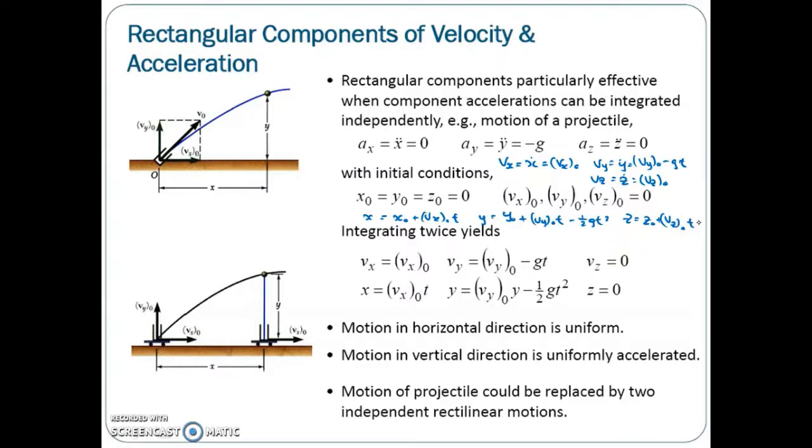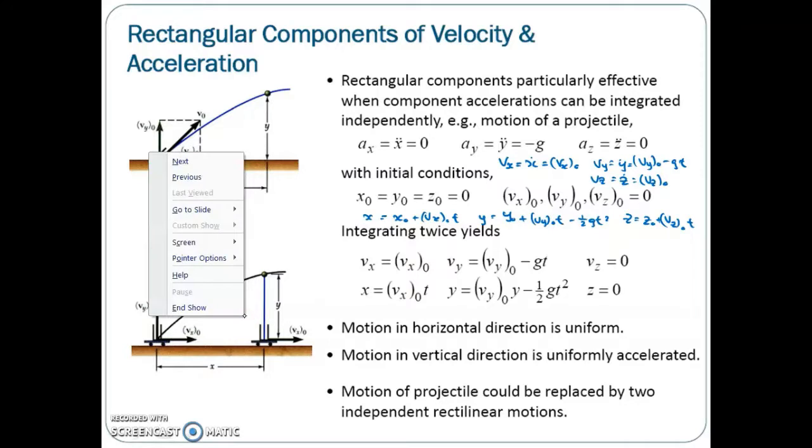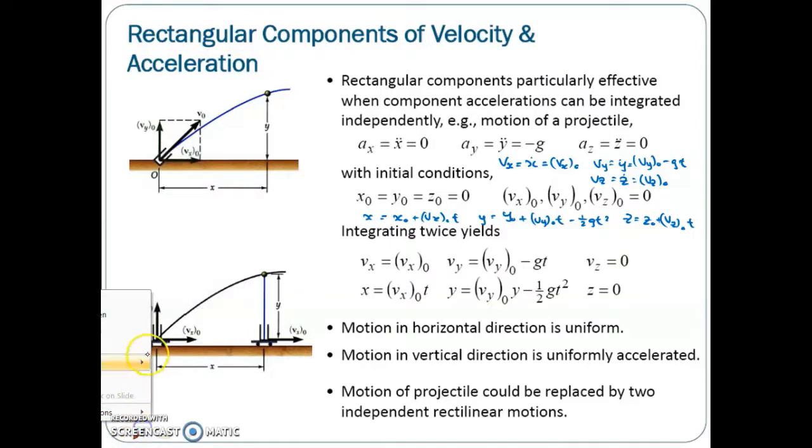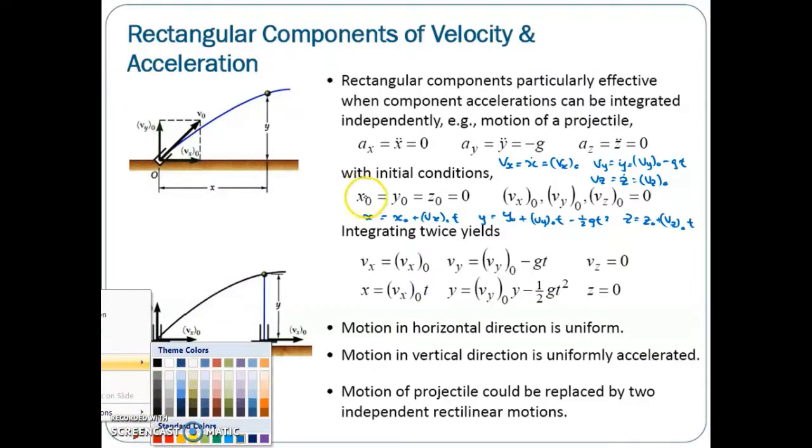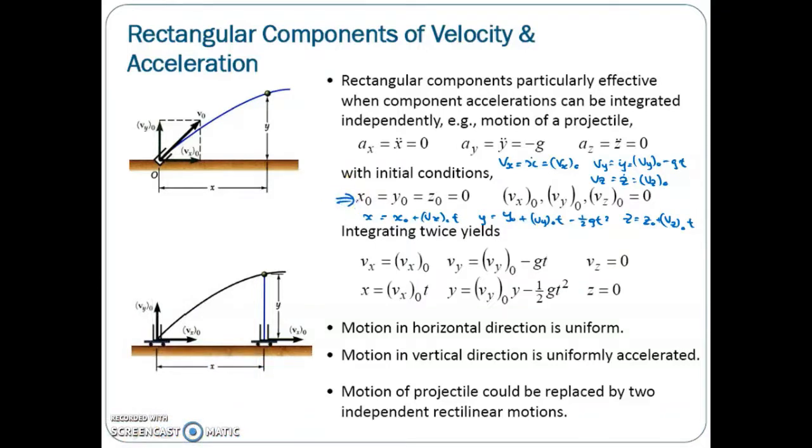So if we assume that the projectile is fired in the xy plane from the origin O, we will have the initial conditions x naught equals y naught equals z naught equals 0. At the same time, in the xy plane, we do not have an initial velocity in the z direction.